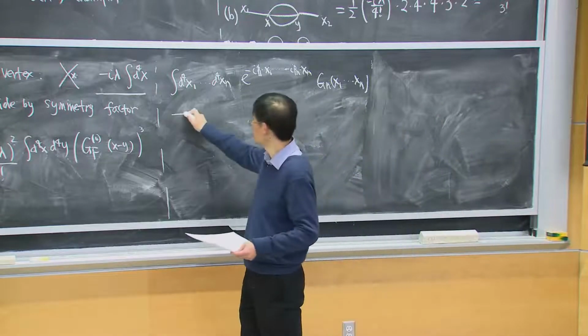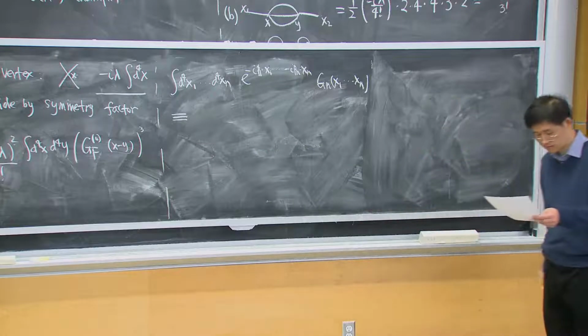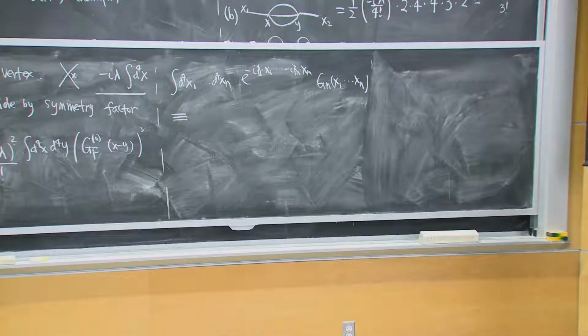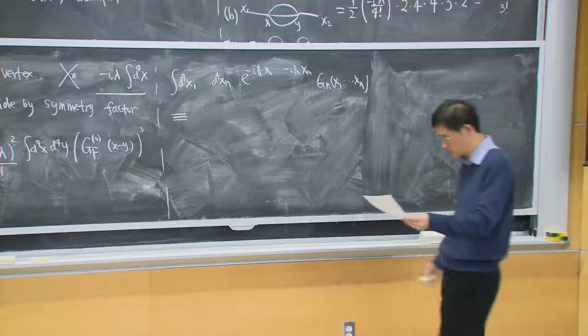Because of the translation symmetry, we expect that all the p's must be conserved. I will derive it, but you should also be able to expect this on general grounds from the translation symmetry.